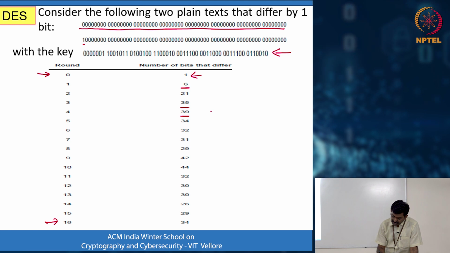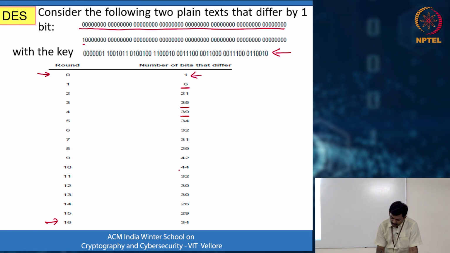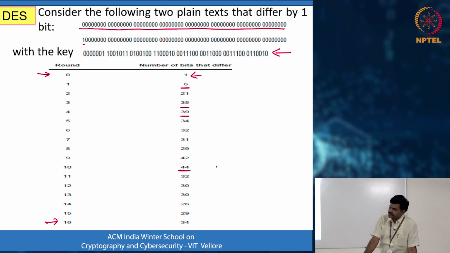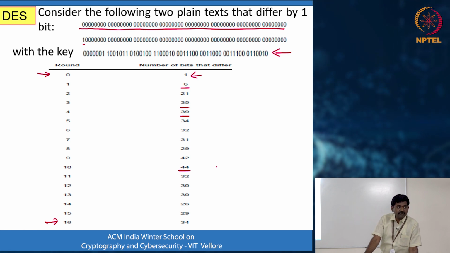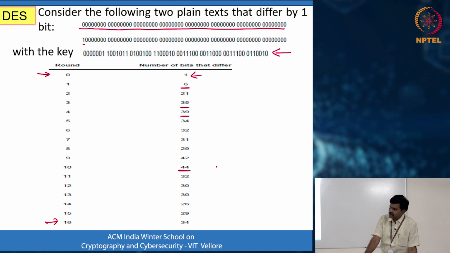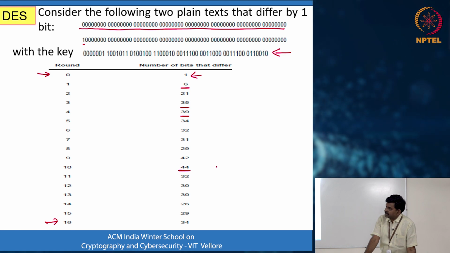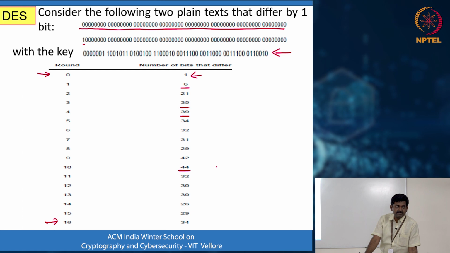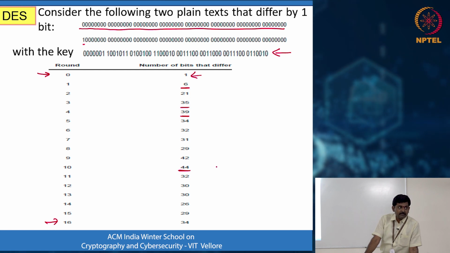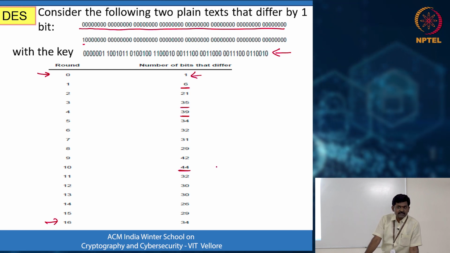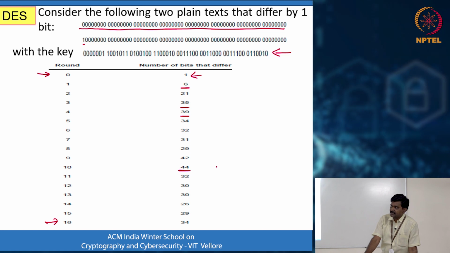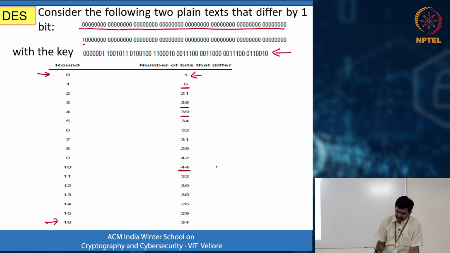At the end of the 10th round, they differ by 44 bits, which is enormous, almost more than half of the bits. But actually, how many bits does the plain text differ by? Only one. A single small change in the plain text is producing a major change in the resultant ciphertext. This is called your avalanche effect.